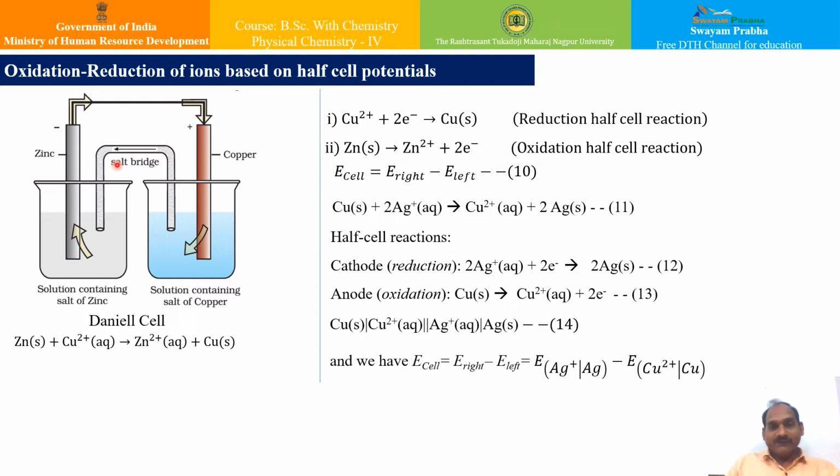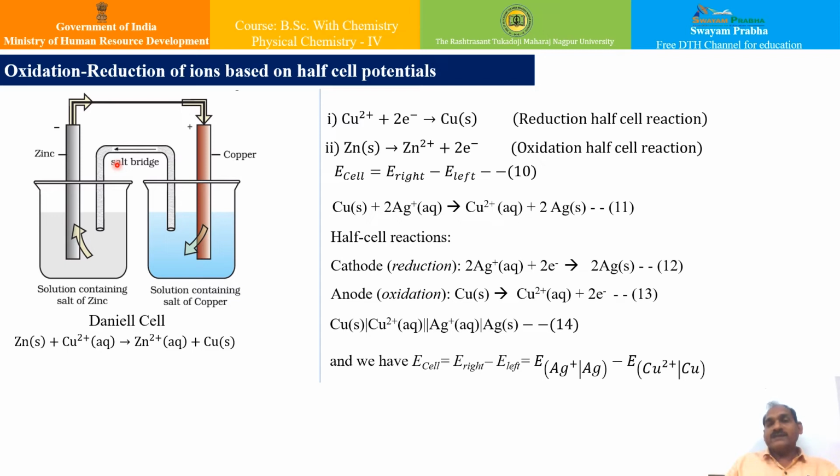The potential difference between the two electrodes of a galvanic cell is called the cell potential, and is measured in volts. The cell potential is the difference between the electrode potentials, that is, the reduction potential of the cathode and the electrode potential of the anode.